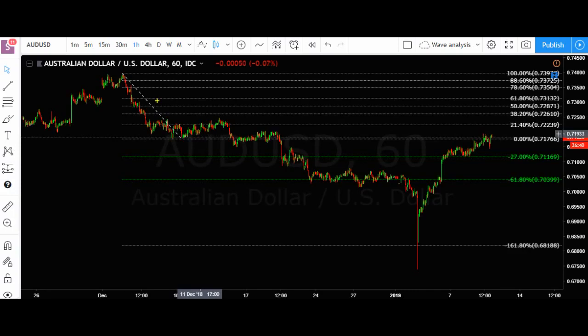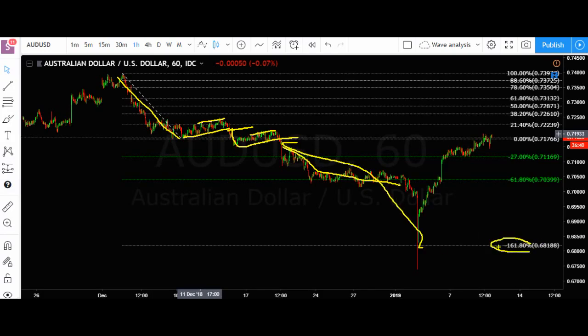There we had that impulse move, and look, let me just show you. There's the impulse move. There we had this correction, and eventually, when you see something like this, you can put on a trade there, and you can put on a second trade there. And look what happened. It went up.